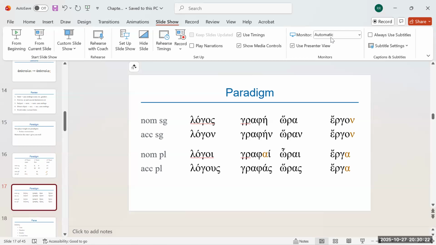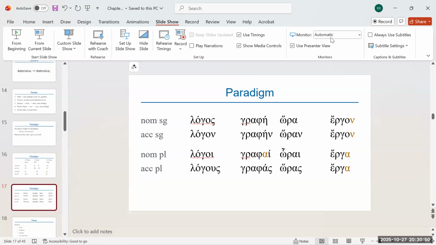The nominative plural, the eta changes to an alpha: graphai and horai. So in the plural, and this is one of the rules, we're going to talk about the rules in just a minute. They've got like 6 rules of nouns or something like that, and we're going to talk about 4 or 5 of them tonight. But see, a feminine word in the nominative plural changes from an eta to an alpha.